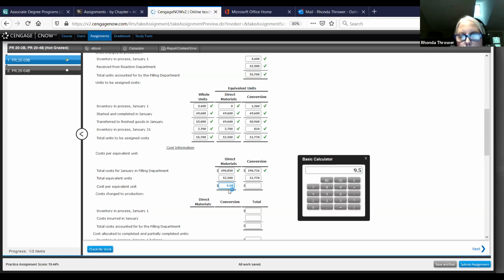This is my cost per equivalent unit for direct materials: $9.50.